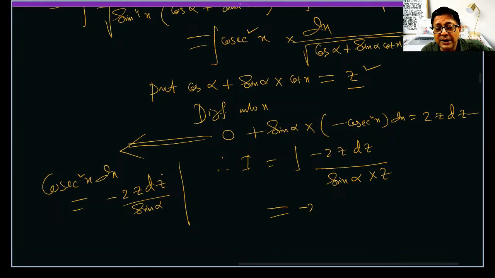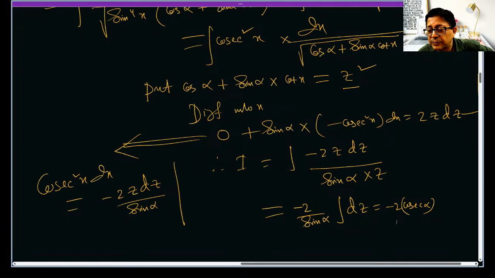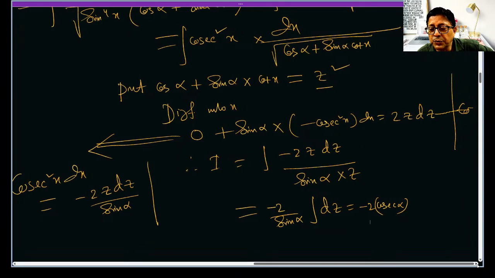So it will be minus 2 by sin alpha integration dz, minus 2 cosec alpha into integration dz, this plus c.